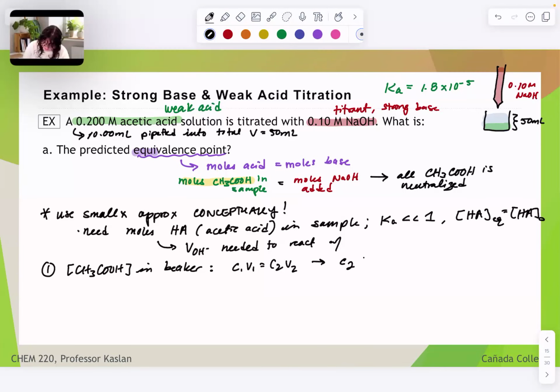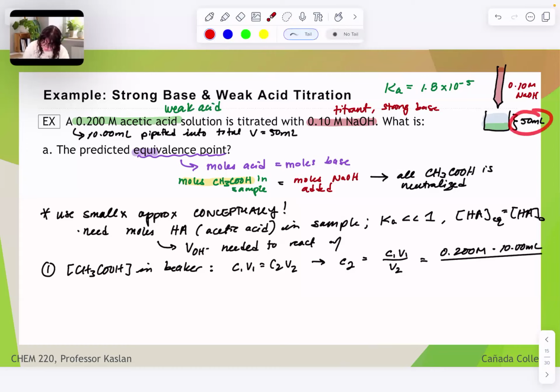So I can rearrange this so that C2, that's what I want, is equal to C1V1 over V2, where C1, the concentration initially, is my given 0.200 molar. V1 is my initial volume. We were given this information right here. We pipetted 10 mL over my V2.